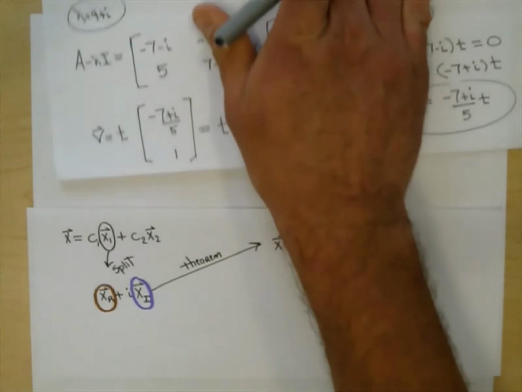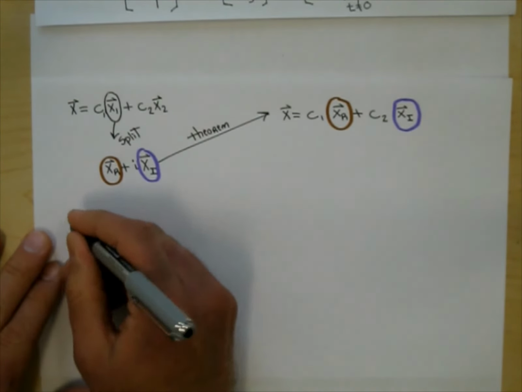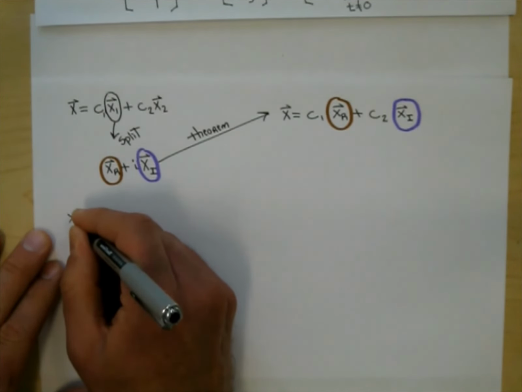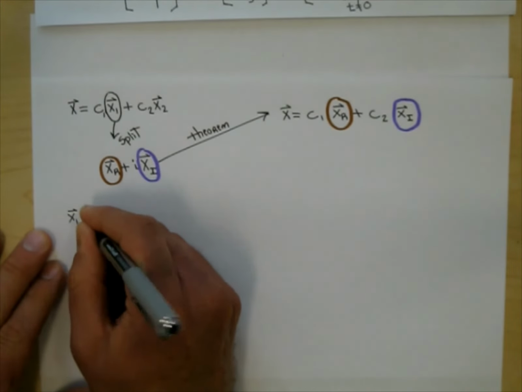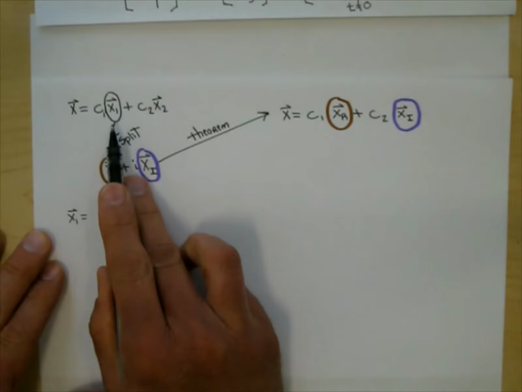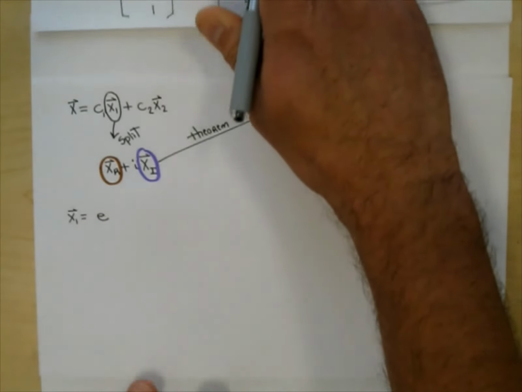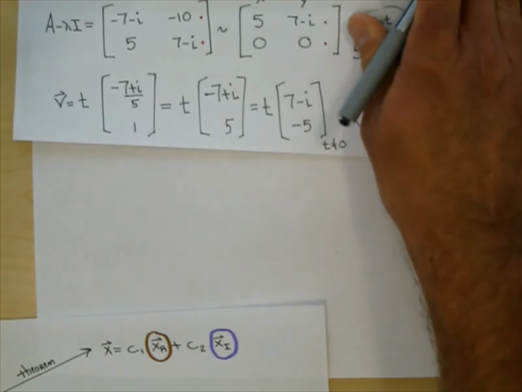That's what we're going to do, and that will finish this problem. Hopefully. So here it is. X1 bar equals. We haven't even written down what it equals. It actually equals E. Let's bring this back over here.